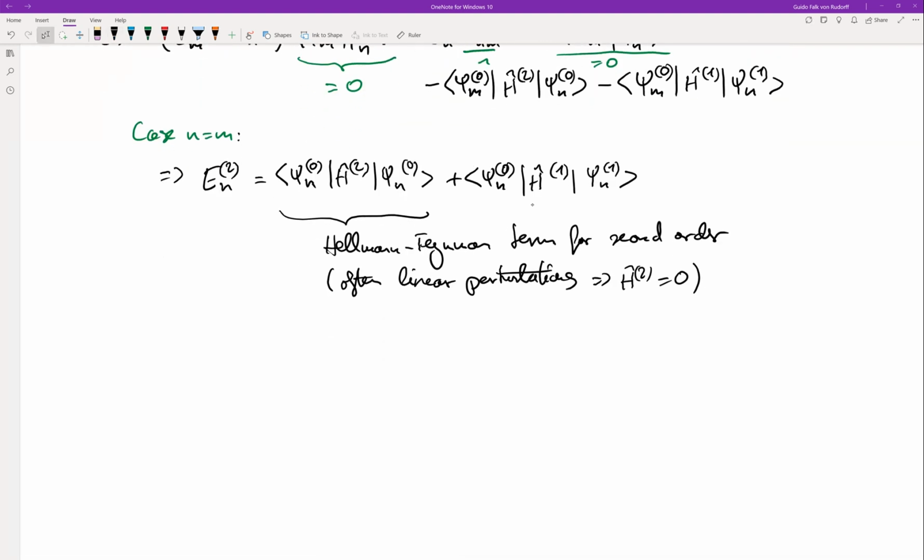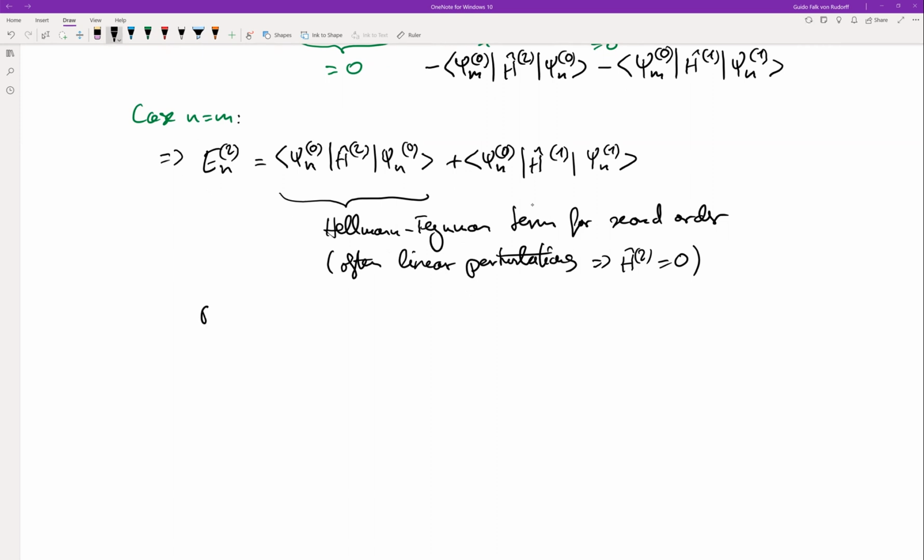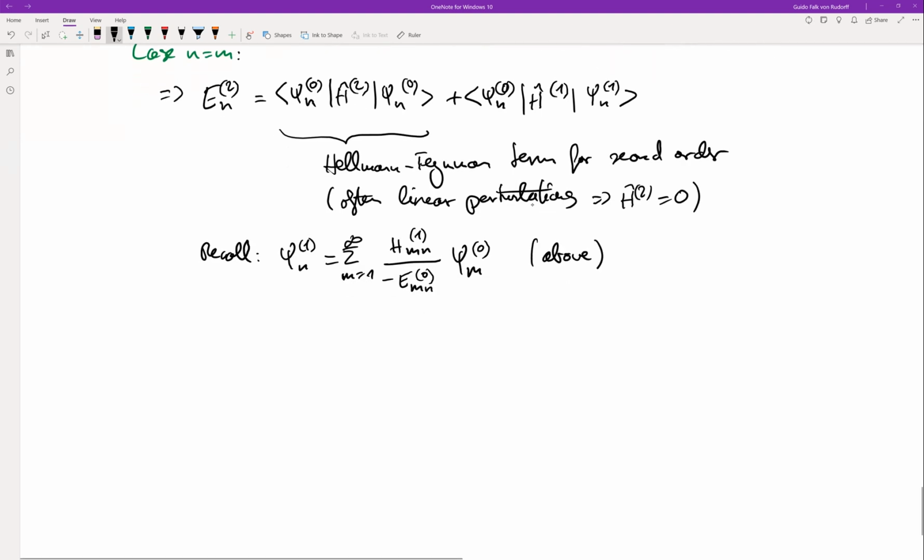Okay, now I promised to show this explicitly, how we can get this into something which only depends on stuff we know. So let's do that. Recall that we had this expression for the perturbed wave function, which was the sum from m≠n to infinity of H_mn perturbed divided by E_n0 minus E_m0, times psi_m0. So that was what we had earlier today.